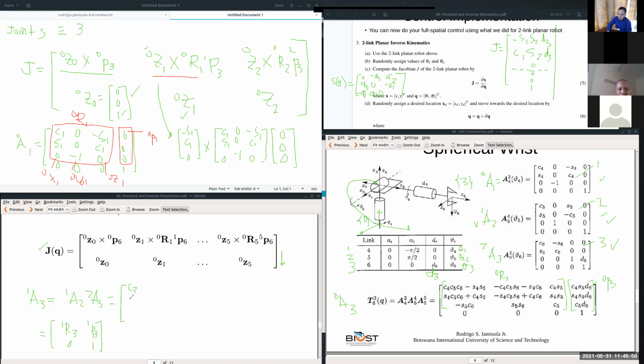C2 S2 0 0, 0 0 1 0, S2 minus C2 0 0, 0 0 0 1. Okay, the next 2A3. 2A3 is this one.